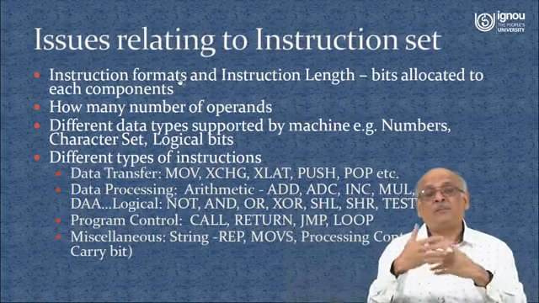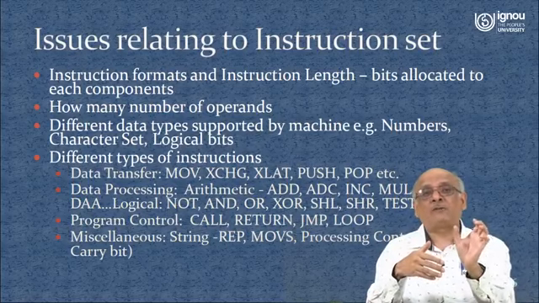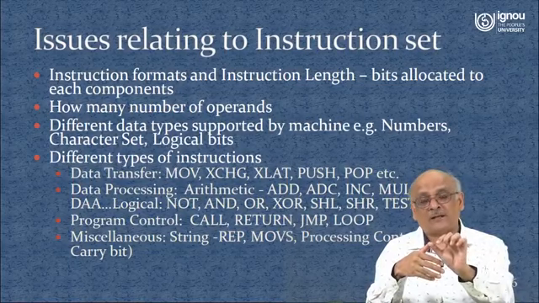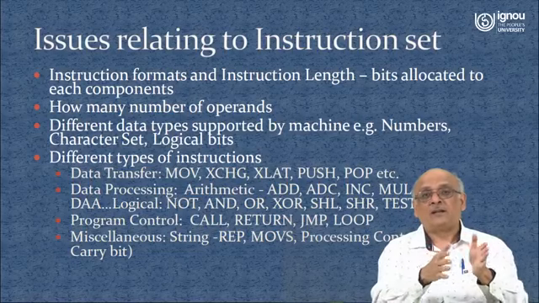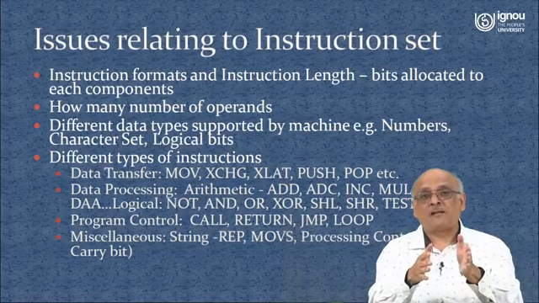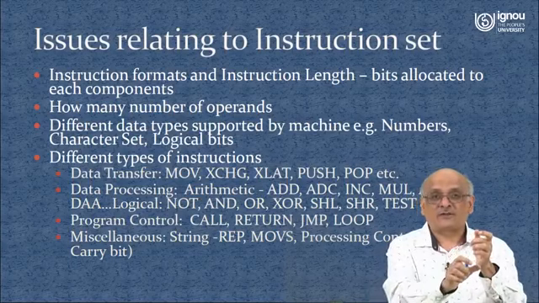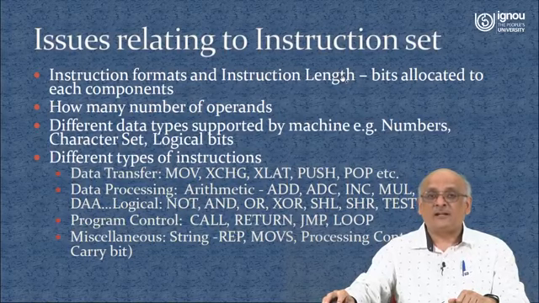There can be multiple instruction formats. Suppose you have one memory and one processor operand; that can be one typical kind of instruction format. There can be a second instruction format where only one operand is specified. So there can be different instruction formats, which will have different instruction lengths.